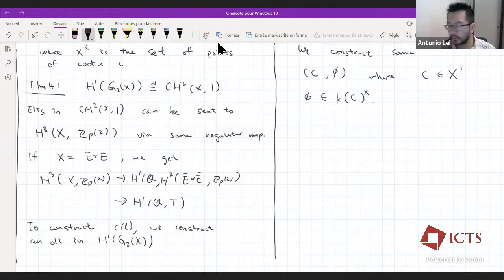So in other words, I want to find some subvariety which is of codimension 1, and on this subvariety I want to define a function, and I want to make sure that the divisor of phi is 0.